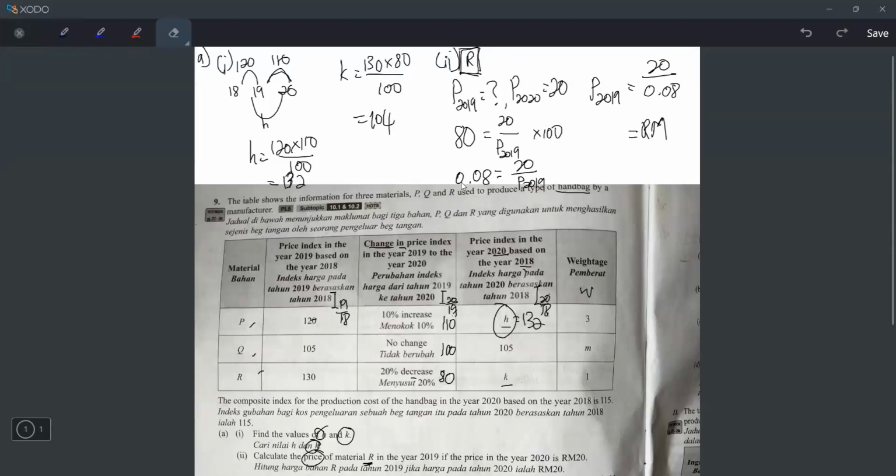This one is not 0.08 lah. 0.8 only. 0.8. Sorry. I silap. And then it's here also 0.8. And then what's 20 divided 0.8? RM25. Okay, let's go. Next question.